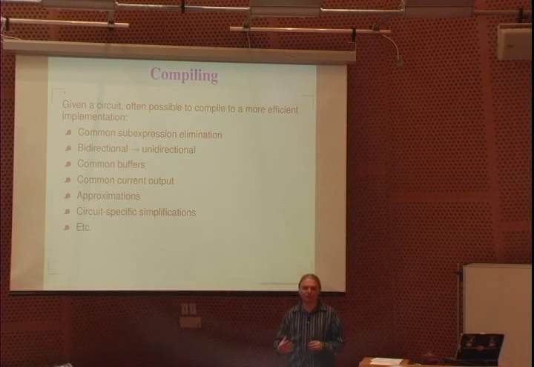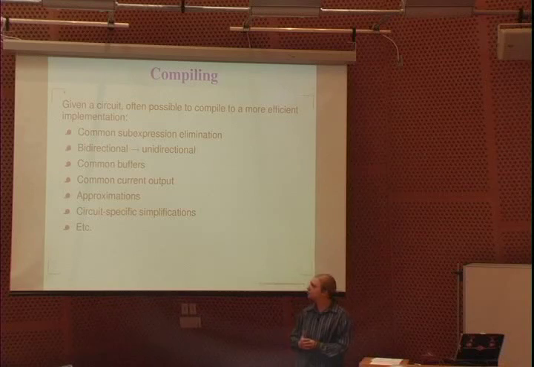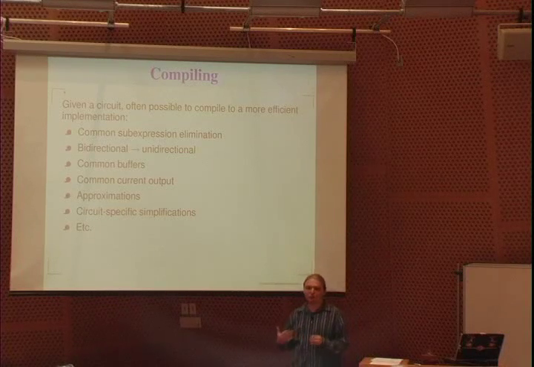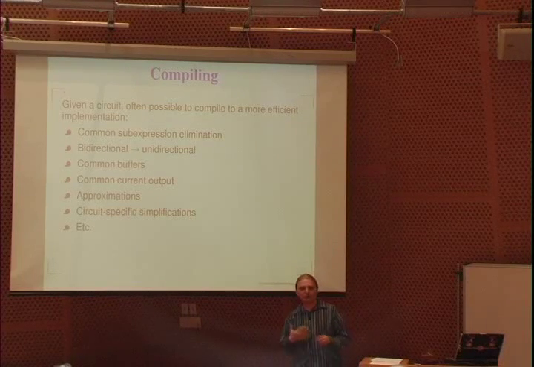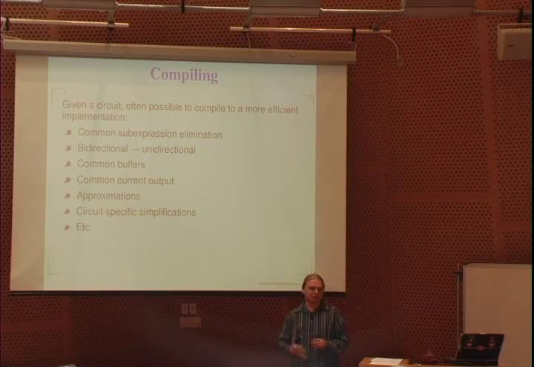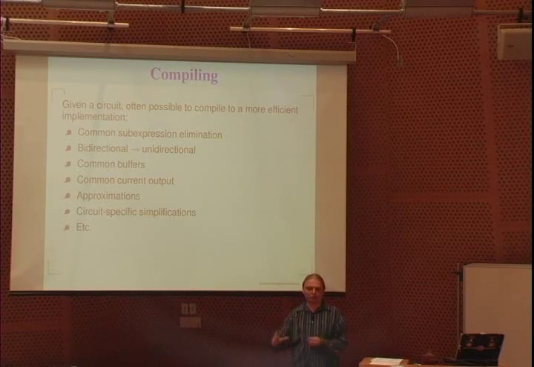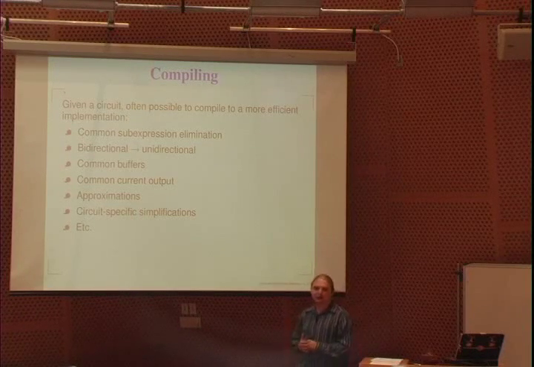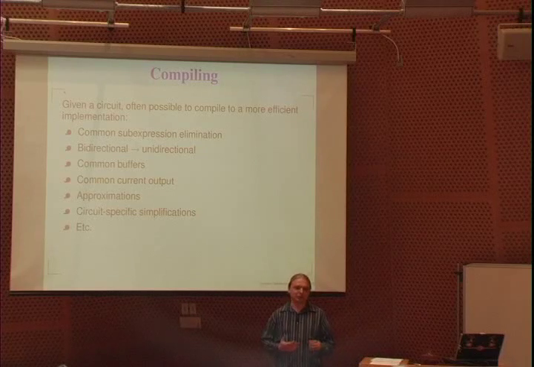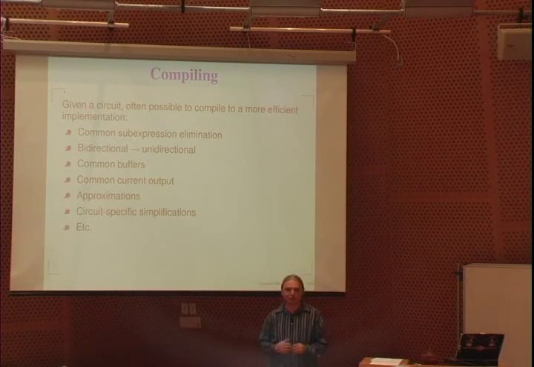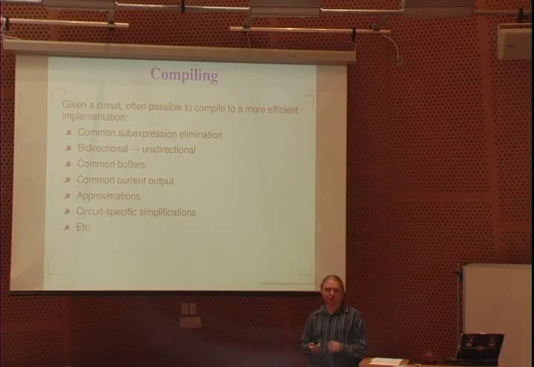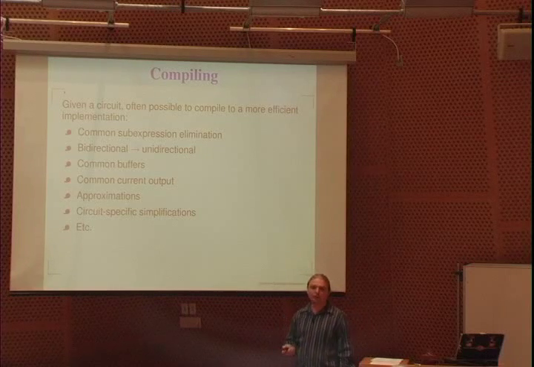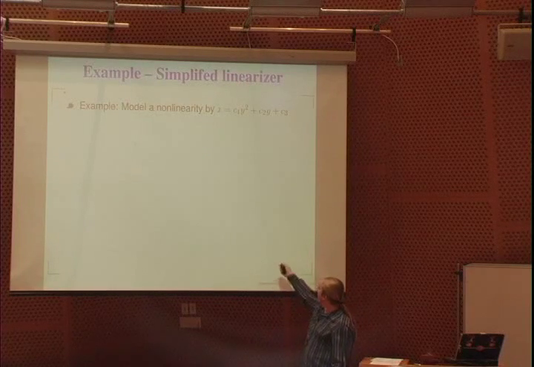You can use a common buffer that's shared among many blocks. Similarly, many of them do voltage load calculations. If you want to convert a voltage to a current, it's easier. You can save on space by having a single voltage to current converter and sharing it among several blocks by averaging the voltages. And there are also, in most cases, some approximations you can make and some simplifications that are specific to the circuit you're building. So we'll walk through an example of this.